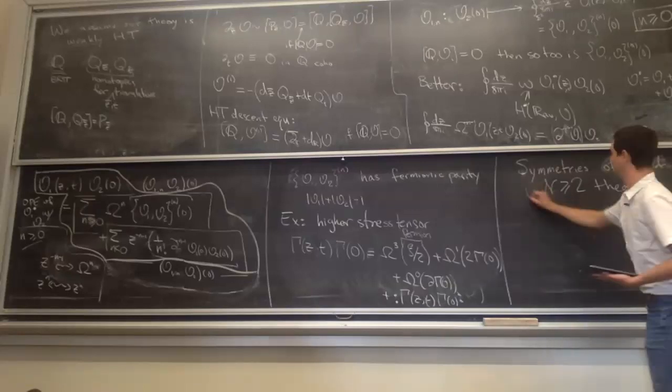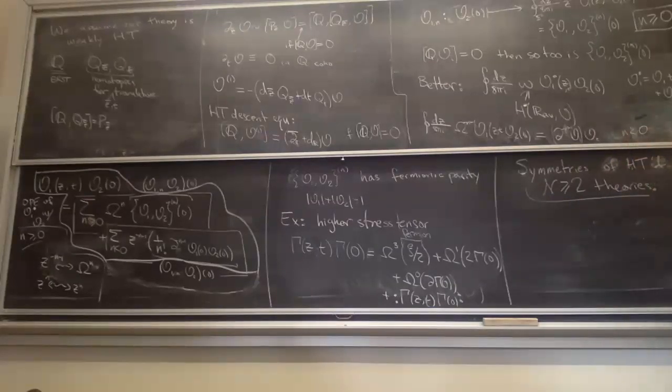So this holomorphic topological twist that we were talking about before is available for 3D theories with N greater than or equal to 2 supersymmetry. N equals 4 is going to be the thing I want to talk about the most.